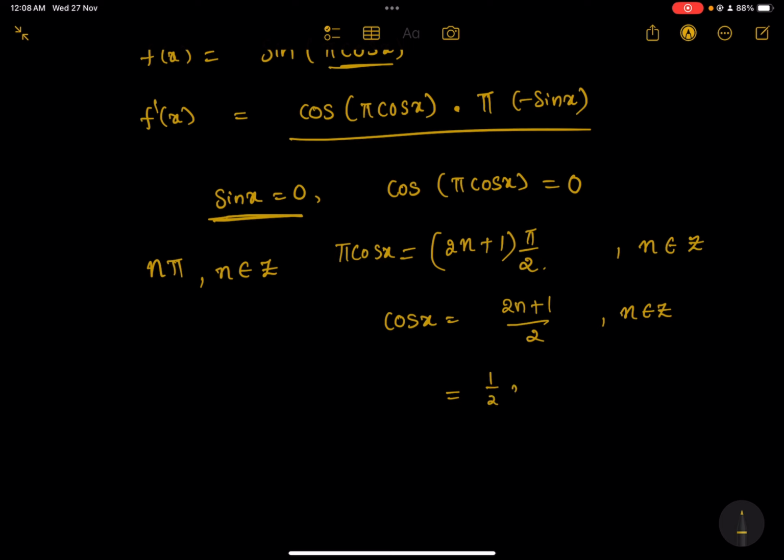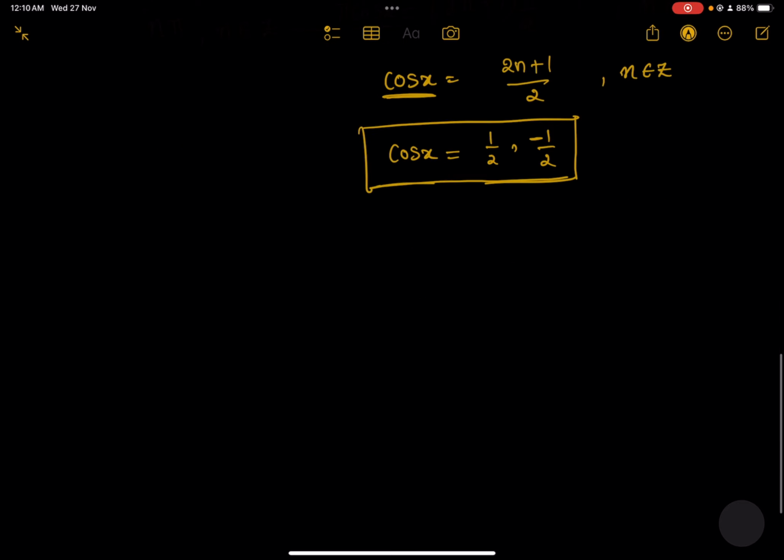When n is equal to 1, this is 3 by 2. So n cannot be 1 because cos x cannot be 3 by 2. When we put n equal to minus 1, this will be minus half. When you put n equal to minus 2, it will be minus 3 by 2, but that is not possible for cos x. So cos x is equal to 1 by 2 and minus 1 by 2.